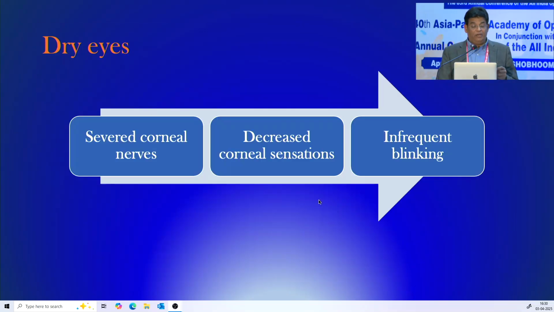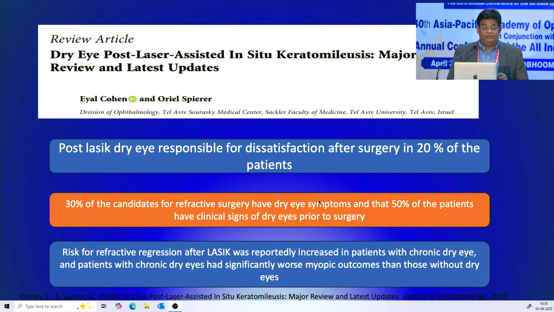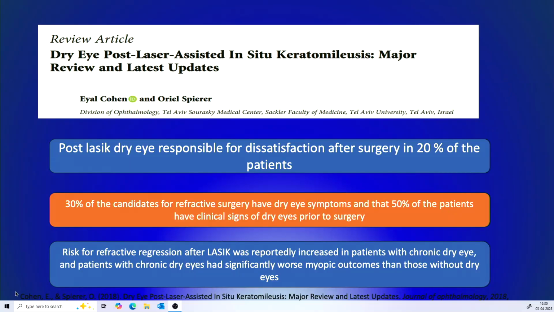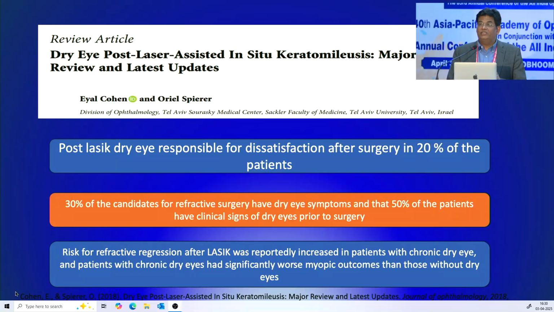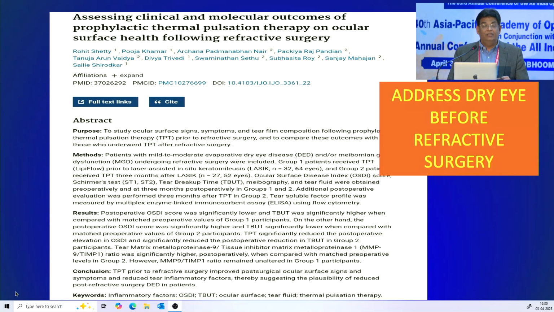So it's very important in patients who are undergoing a workup for refractive surgery, like in the center one, I'm showing that 30% of candidates for refractive surgery have dry eye symptoms, and perhaps 50% of the patients who become symptomatic had dry eyes prior to surgery. And here, a surgical procedure like SMILE goes a long way in improving patient satisfaction.